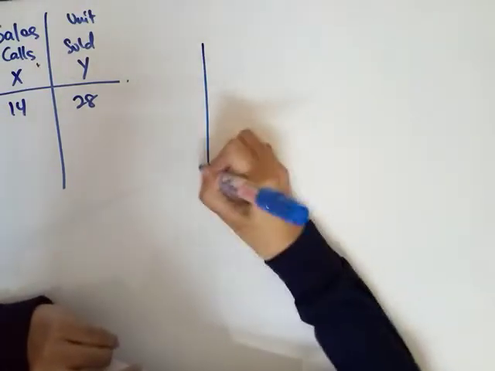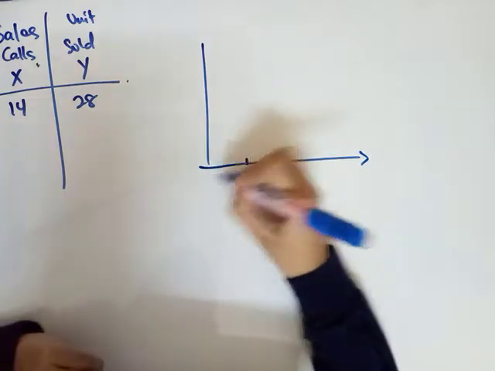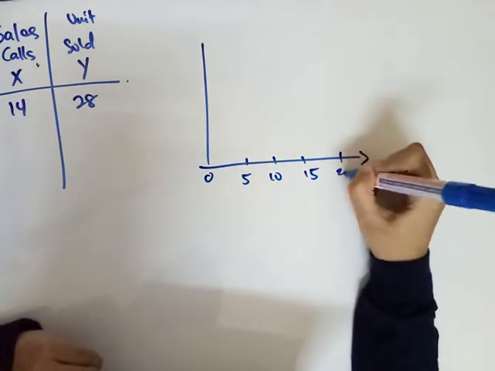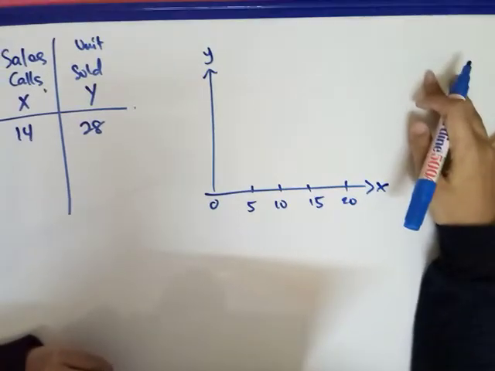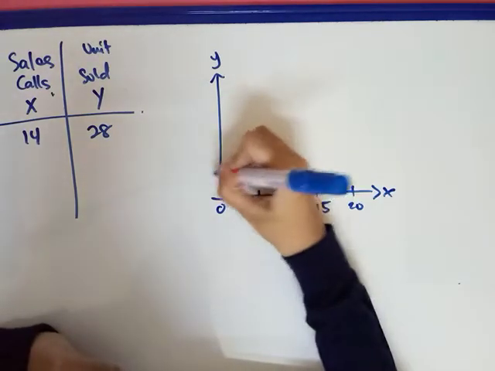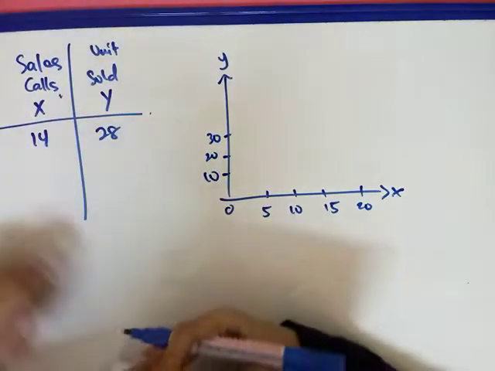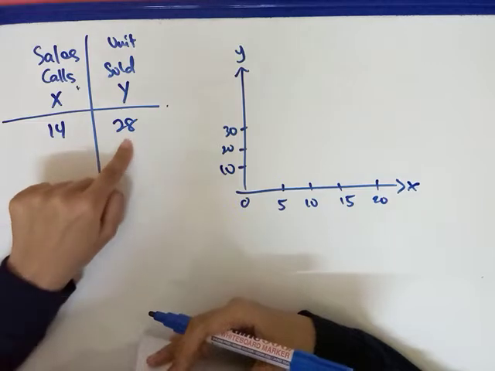Dia macam ni, for example, we have here 5, 10, 15, 20. This is for X. And for Y, we have 10, 20, 30.